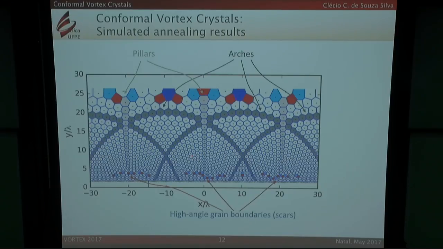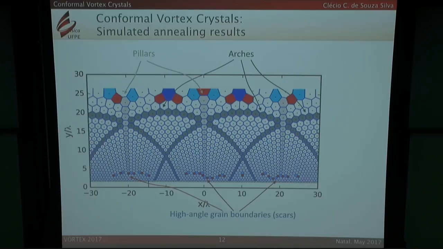These structures here are high-angle grain boundaries. They have a non-zero net charge, which is a positive charge. It's a pentagon. If you see, there are 1, 2, 3, 4, 5 dipoles, but with an extra charge each of them.